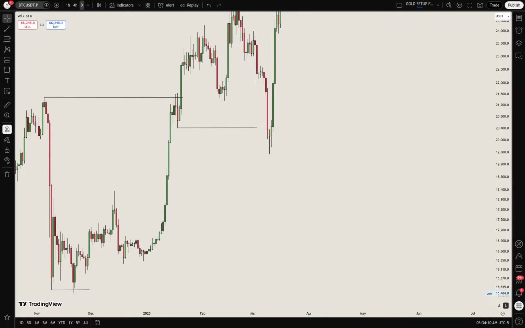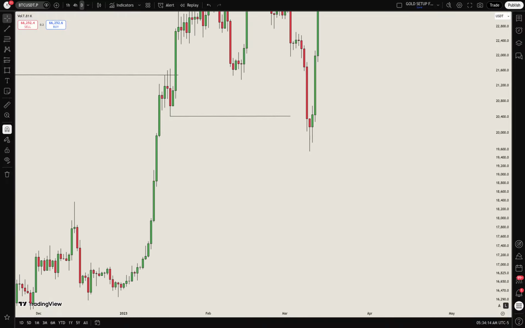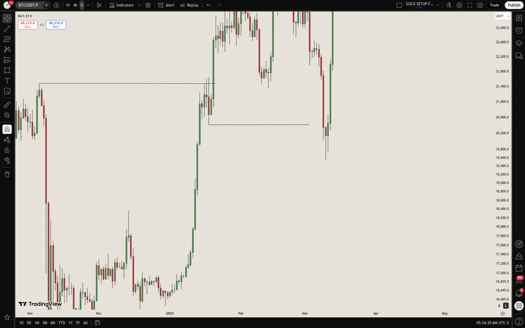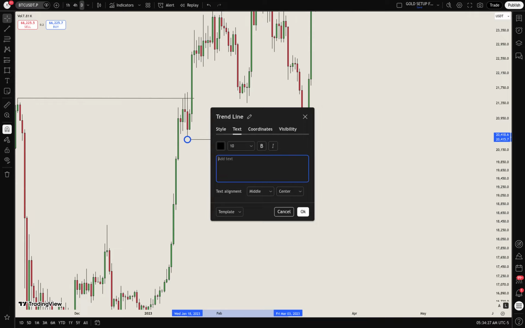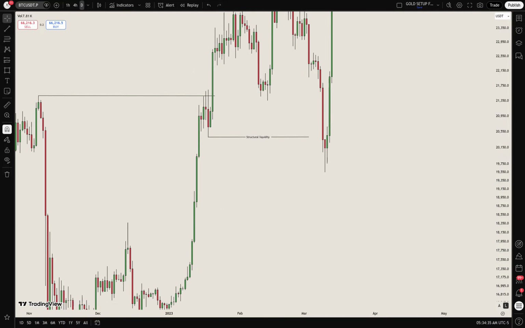If there is no full body close, we cannot call it a break of structure. So you see the first touch on that high, it closed with a wick. So we cannot take that as a valid break of structure till we see a full body close. This was the full body close, so I'll label it as my structural liquidity. Okay, that's my structural liquidity.